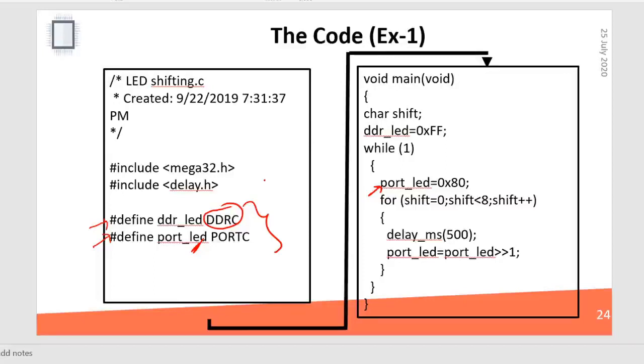The LED connected to the MSB was glowing, then after half a second the adjacent LED was glowing, and then after another half second the next adjacent LED was glowing, and this loop continued forever. For this shifting, MSB means the 7th bit, then the 6th bit, then the 5th, and so on, and then the 1st bit and the 0th bit. I was doing it using a for loop with 8 cycles, and the forever continuation was done using a while loop, while one condition.